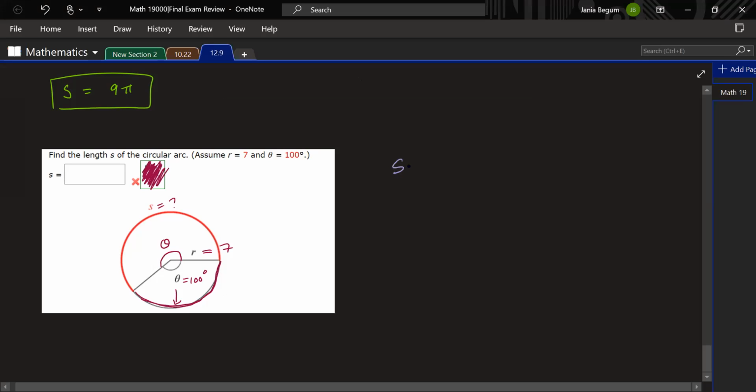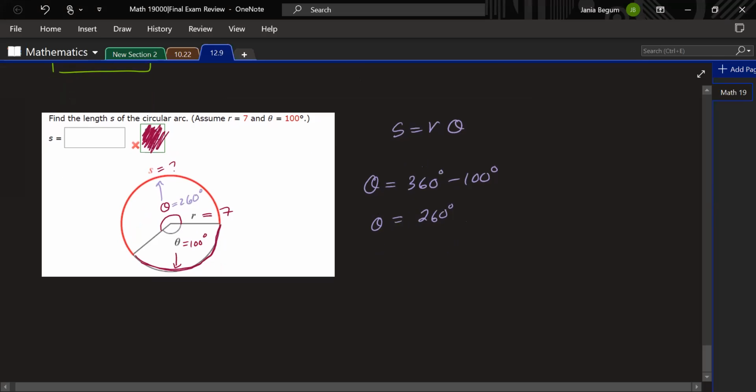We know S is equal to R theta, but the theta we're looking for is given by 360 minus 100, and that would be 260. That's the theta we want, because this theta corresponds to this arc. Now we have theta, but we must convert it.